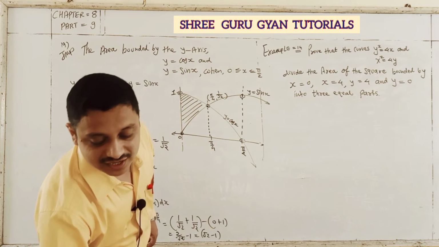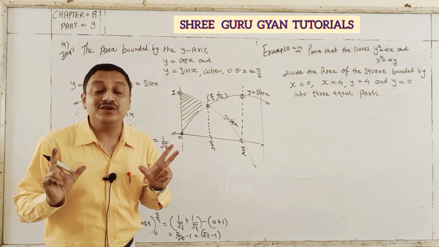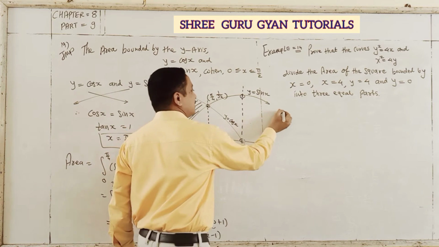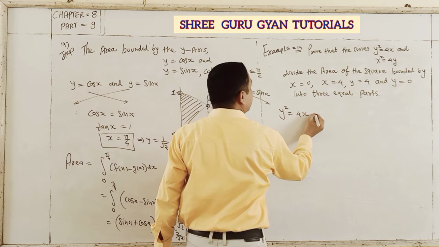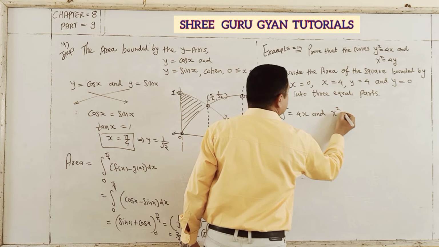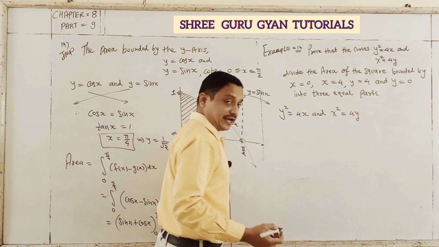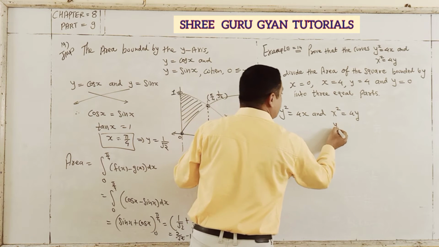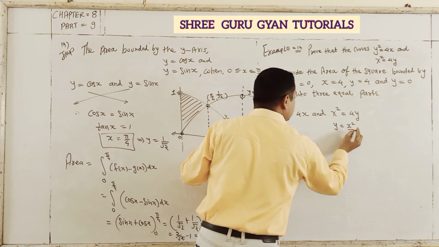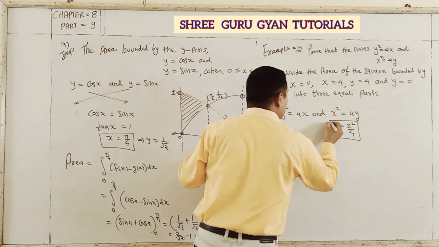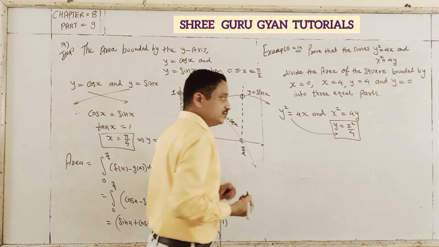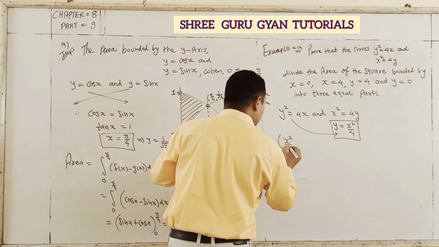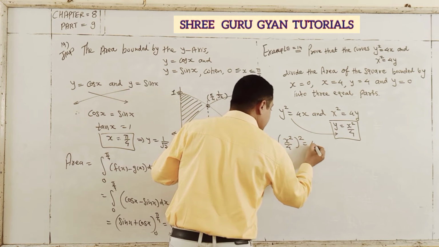First of all, students, I define the common intersection points of both given parabolas. So y square is equal to 4x and x square is equal to 4y, and the common region is decided. Here y becomes x square by 4, and putting this y value, (x square by 4) whole square is equal to 4x.